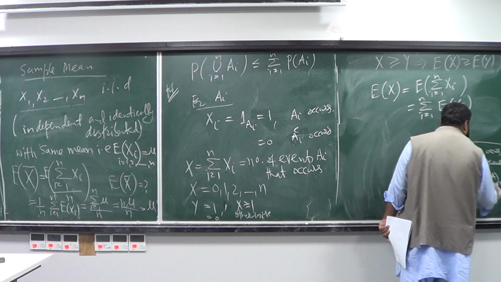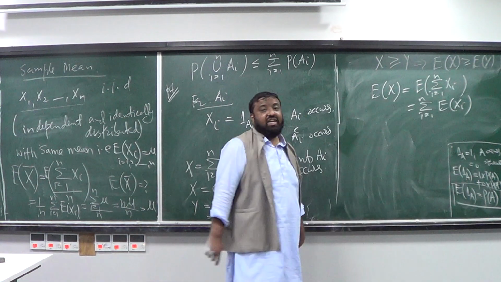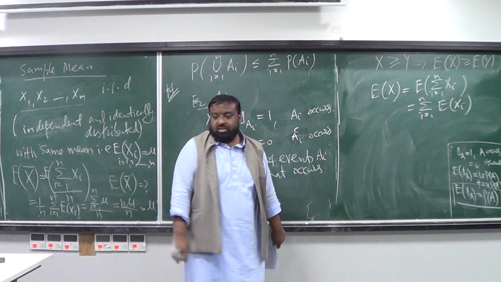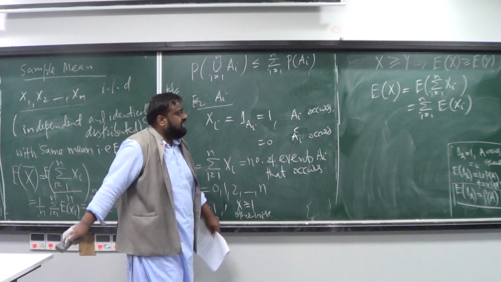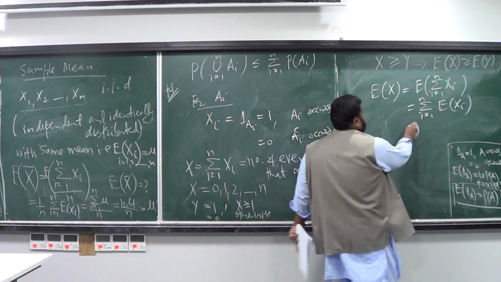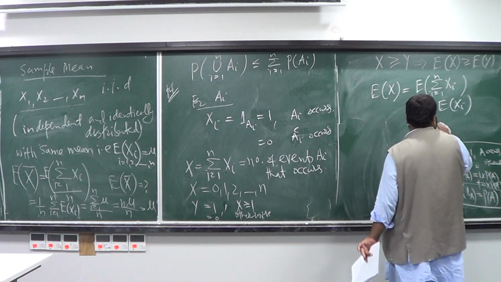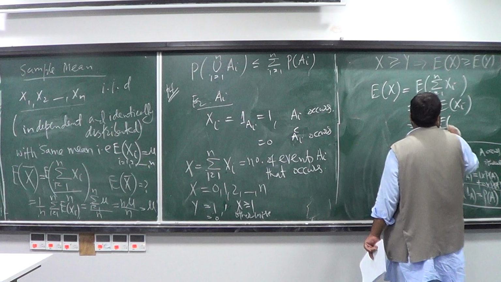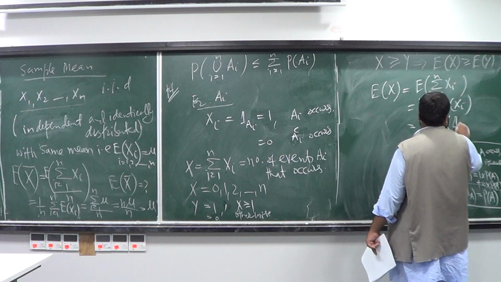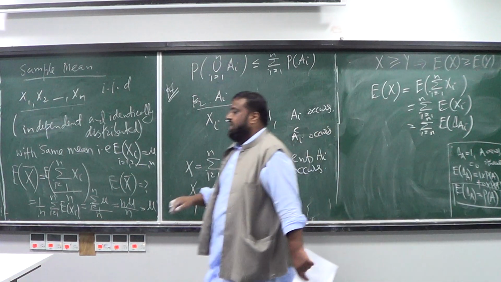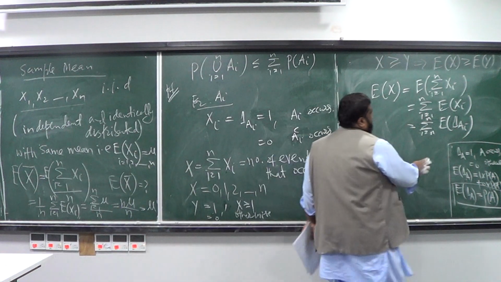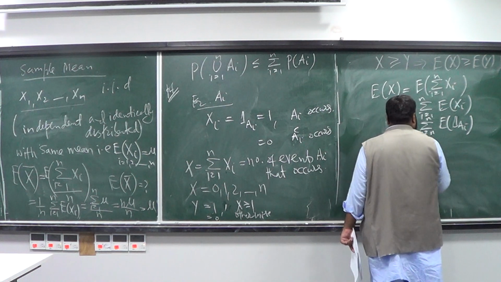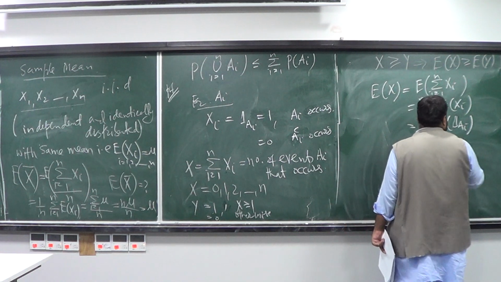This is a key and major identity that you always have to keep in mind: if you have an indicator function, its expectation is equal to the probability of A. Using this, Xi is the indicator function of Ai, and the expectation of the indicator function of Ai is equal to the probability of Ai.